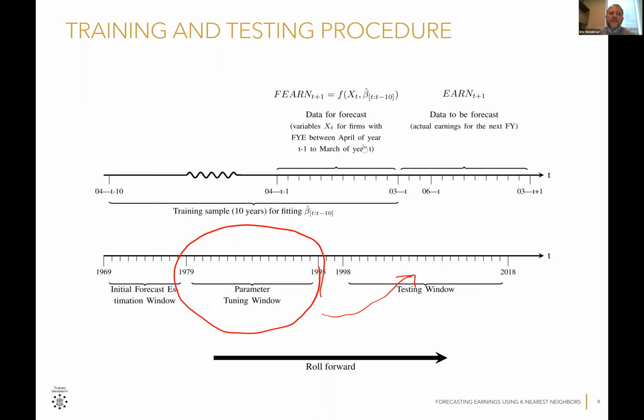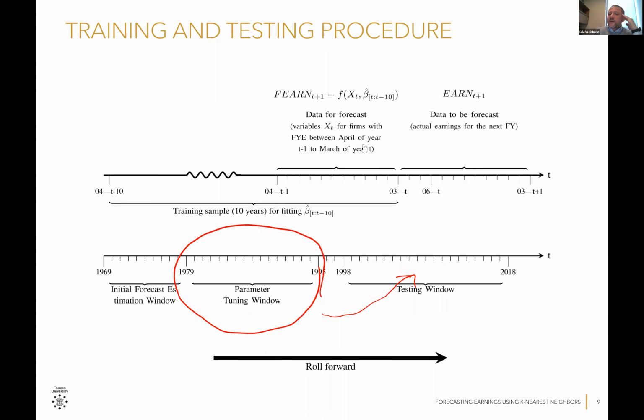But in some cases, we've actually allowed the window to continue to expand and expand, so that you have potential neighbors that are farther and farther back in history. We end up finding that performs slightly better, so it doesn't matter if the matches are only taken from recent history. They could come from very far in the past.